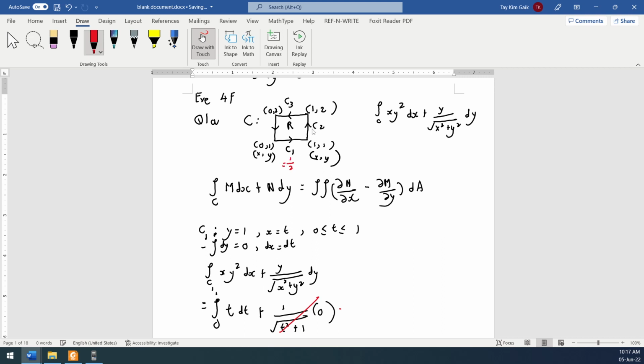Later on, do it on the curve C2. Curve C2, you notice x is fixed, x is 1, and y moves from 1 to 2. So on C2, x is actually 1, you let y equal to t, and then y moves from 1 to 2, that's why t moves from 1 to 2.